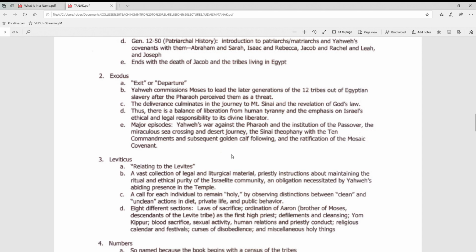Everything. From food, private behavior, public behavior, leading of rituals and ceremonies and obligations and holy days, blood, the sacrifices, conduct, the calendar, maintenance of the temple, and again, sacrifices, everything.